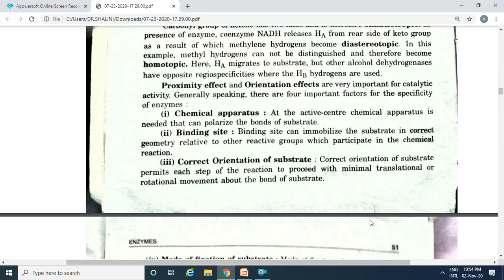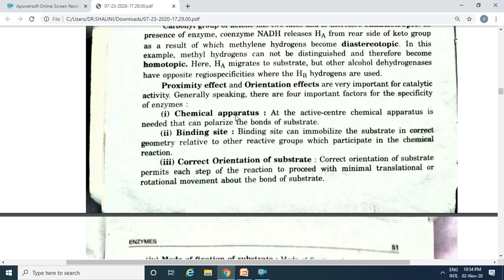Now, proximity effects and orientation effects are very important for catalytic activity. Generally speaking, there are four important factors for the specificity of enzymes. The first one is the chemical apparatus, the second one is the binding site, and the third one is the correct orientation of the substrate.